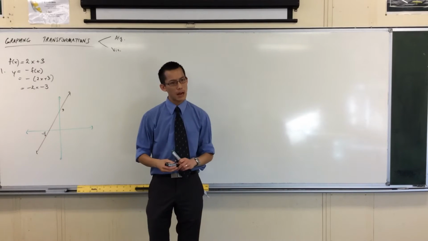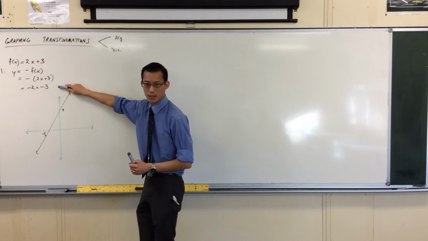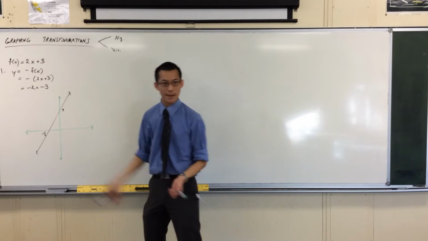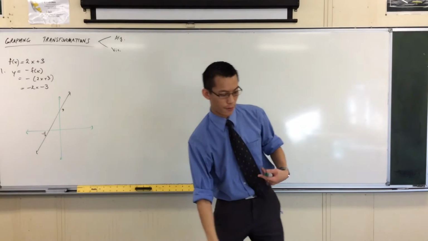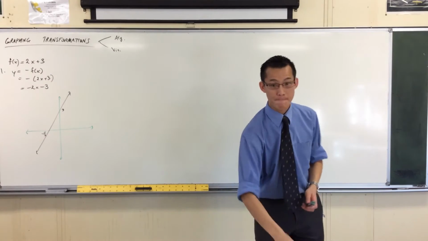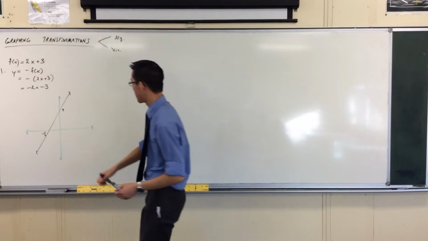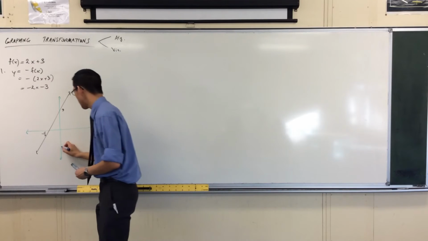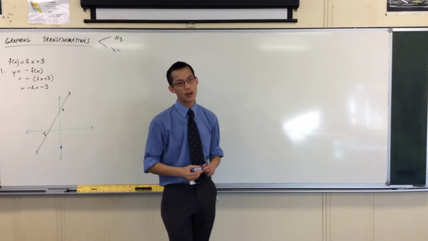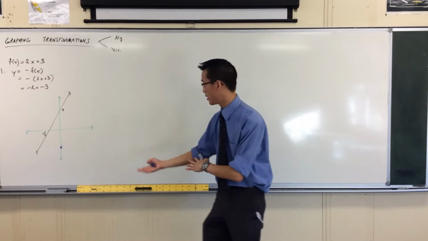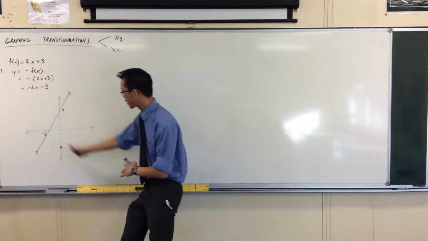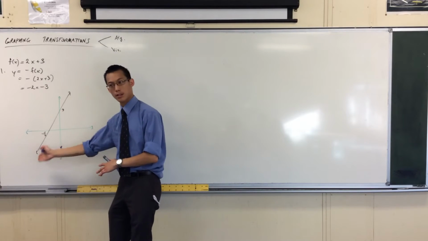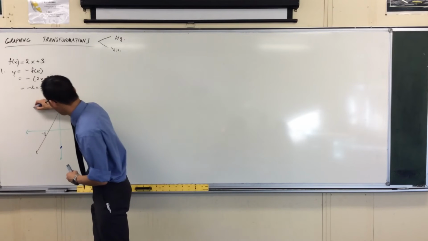Now when you compare this to this, what's this going to look like? Have a think about the features. What do you think is the most important feature that you'd put on there straight away? Y-intercept, very good. So that's at negative 3, reflected across this way. So you're going to intersect through here. And because you've got a gradient that's exactly opposite to this, it's going to come down at exactly the same angle that this comes up. So therefore, you're getting this kind of shape.